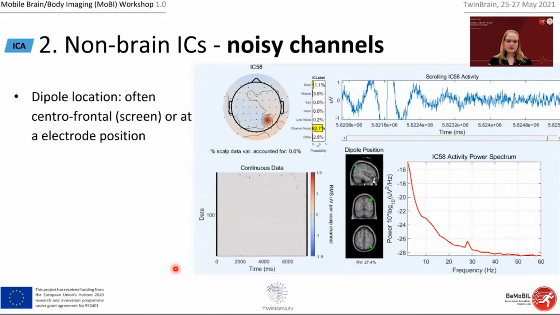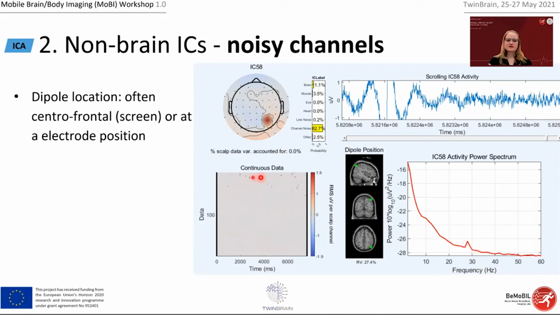Okay, another way noisy channels can look, I show you here. This is also a pretty local one, but this is not brain, not muscle, because if you look at the spectra, it does not have this high frequency plateau, but rather is a channel that does have some noise that's recorded.